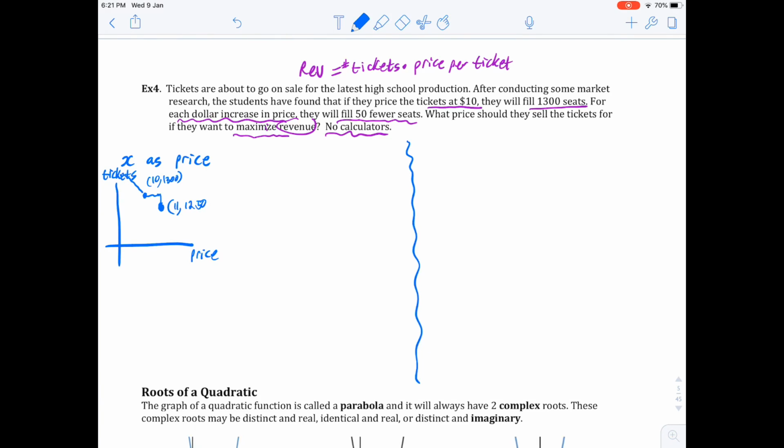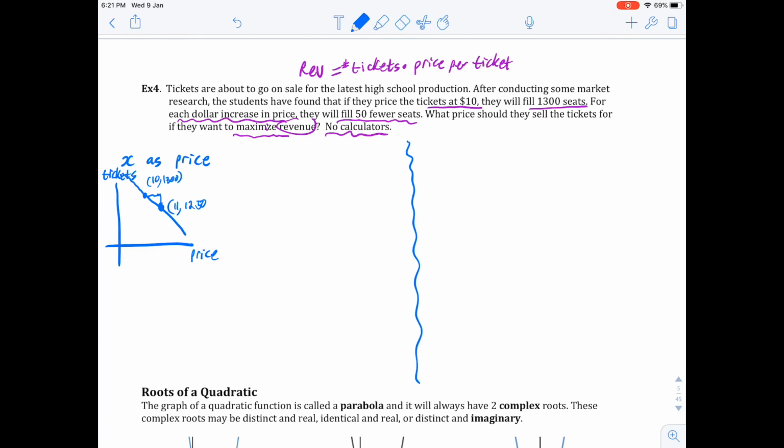This, of course, will produce a linear function, and if we can find the equation of that linear function, then that is going to represent the number of tickets that are going to be sold depending on what x is as the price. I'm going to do that pretty quickly.